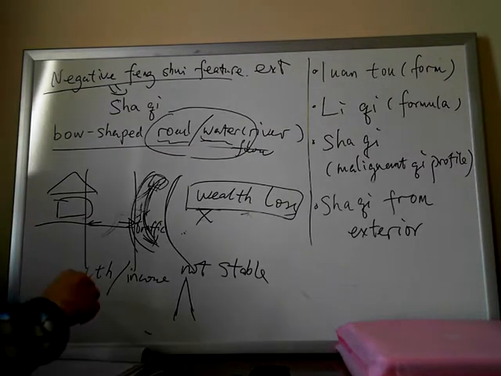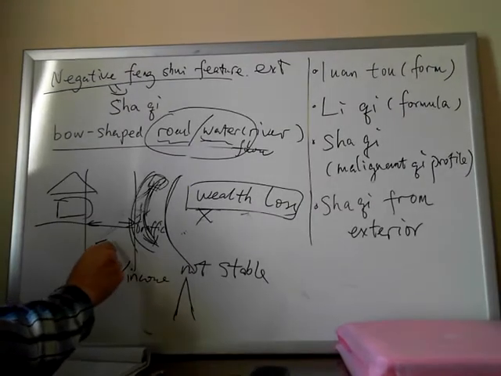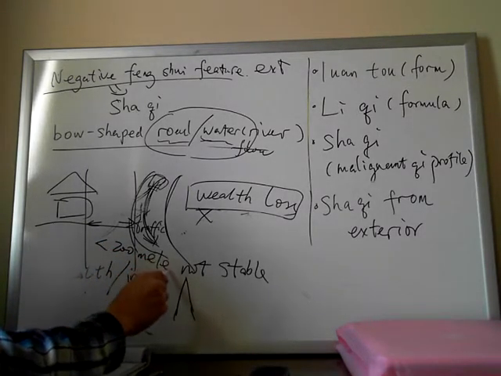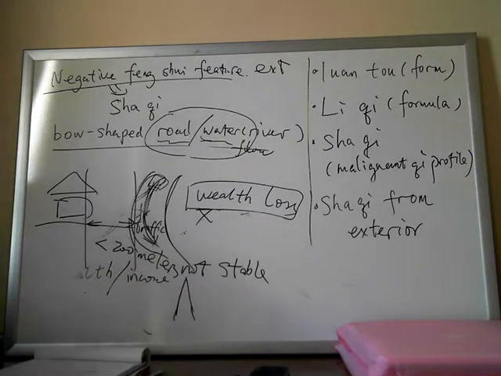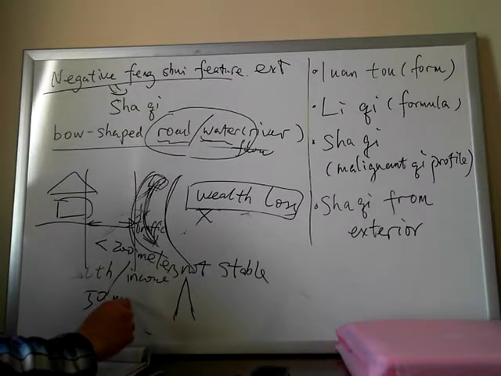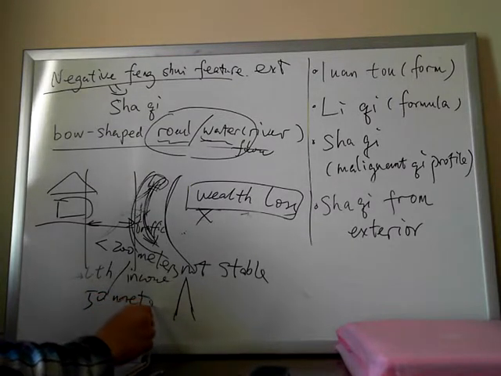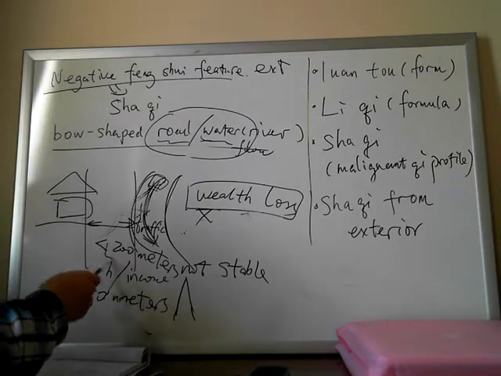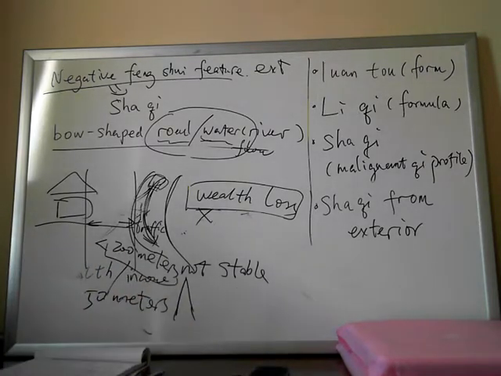Based on my experience, it has to be smaller than 200 meters. If it's within 50 meters, that is definitely a concern. But if the road is a highway with really huge traffic flow, it might go up to 200 meters and still have an effect.